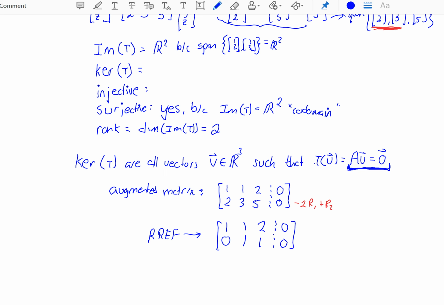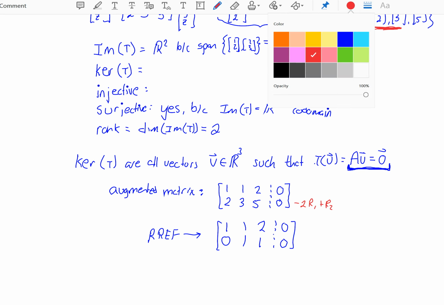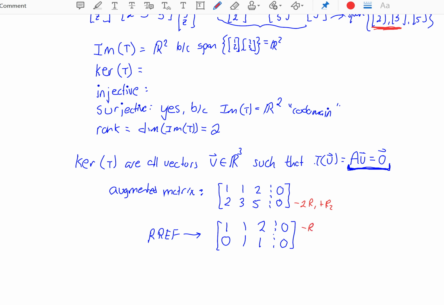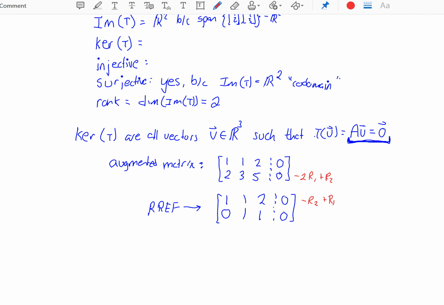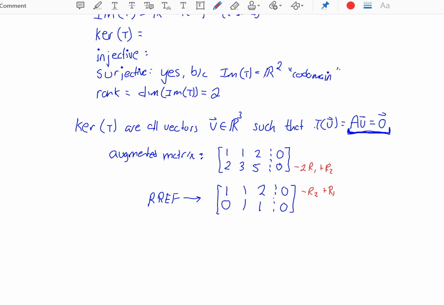It looks like we have one more row operation to do. Let's now go negative row 2 plus row 1. Here I'm using this pivot to make the value above it turn to 0. So 0, 1, 1, and 0, your bottom row will not change. And you go negative row 2 added to row 1, that's 0, that's 0, that's 1, and that's 0.